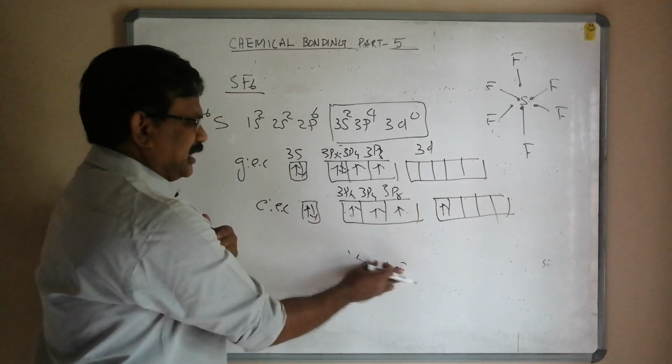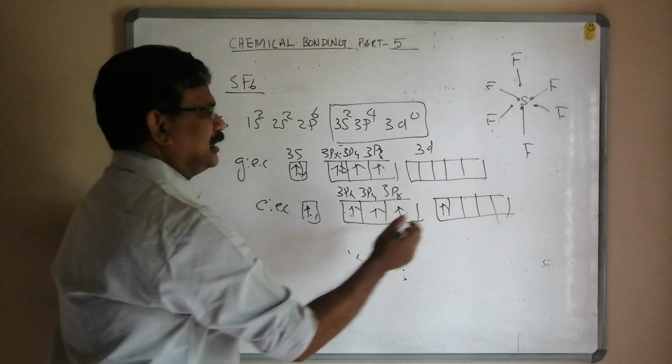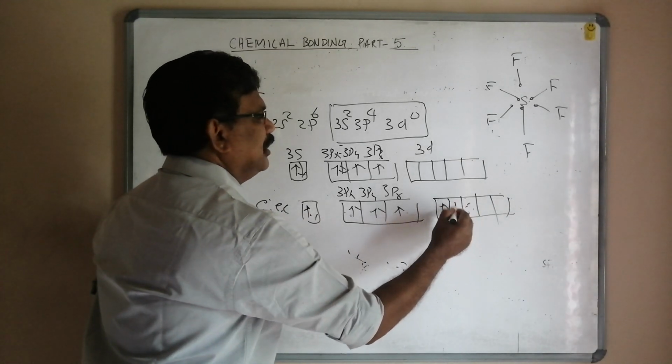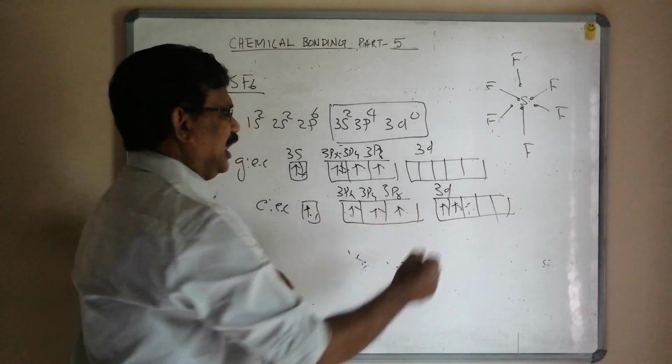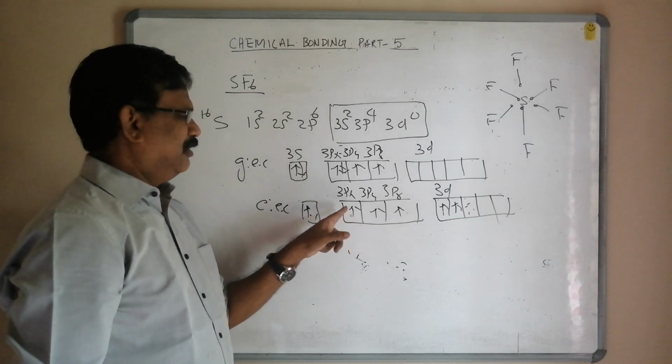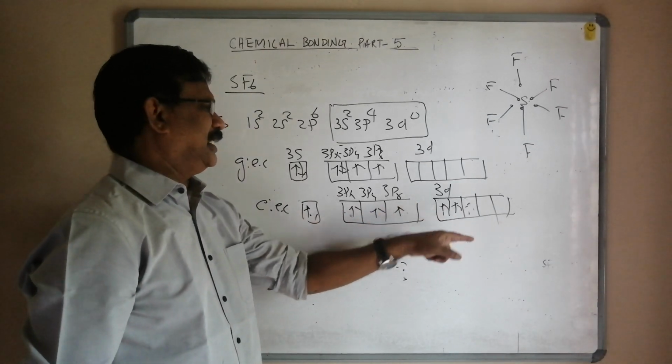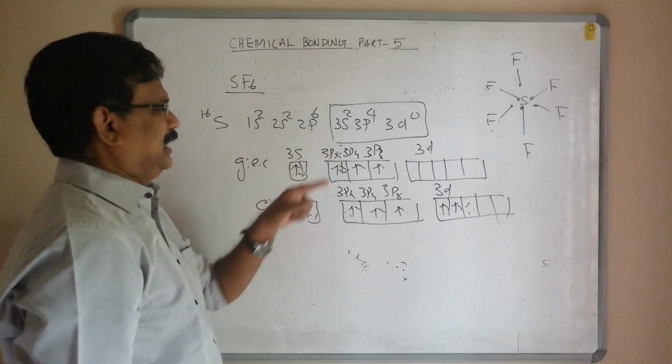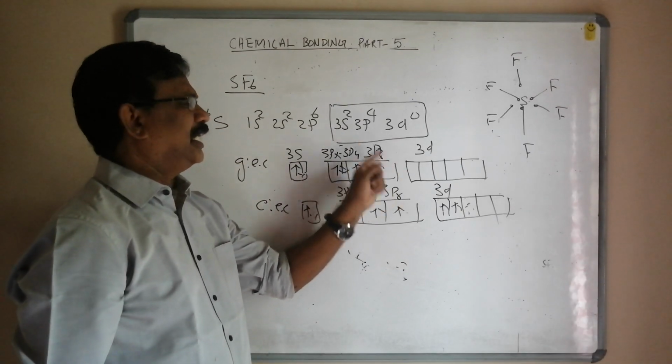To produce SF6, this electron is also promoted. So 6 free electrons in the valence shell, combining capacity 6. So these 2 pairs are excited to the 3d level.